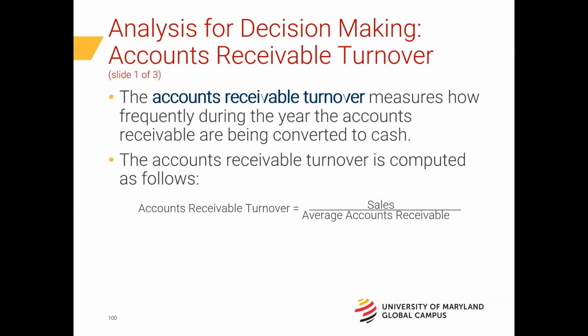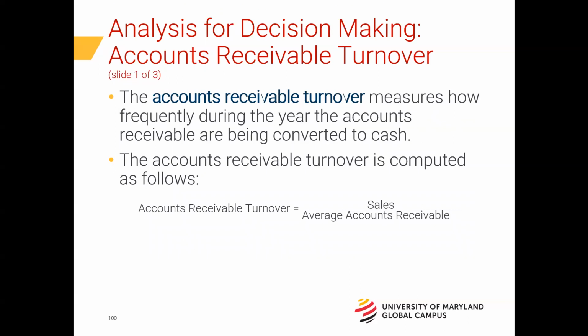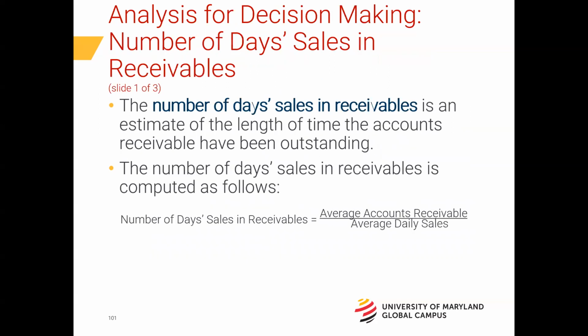It's done through a ratio. The ratio is sales, or total sales, divided by average account receivable. How do we find average account receivable? You take your total account receivable divided by 365 days. It's your average account receivable.